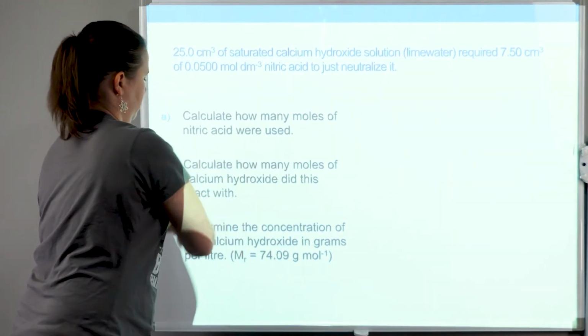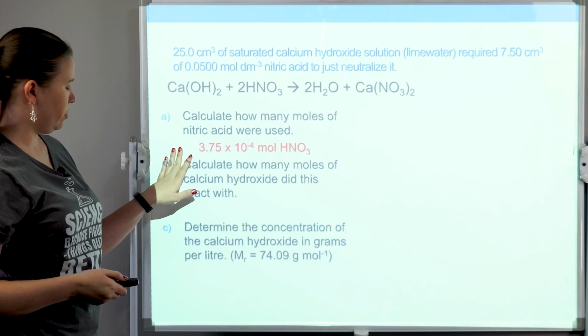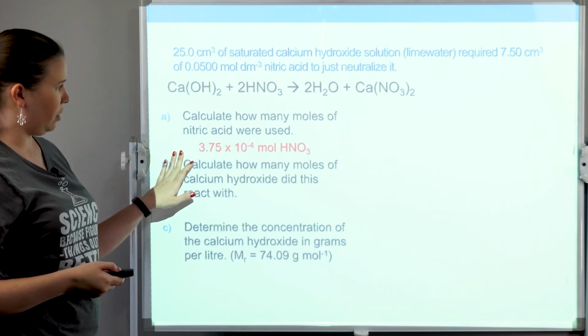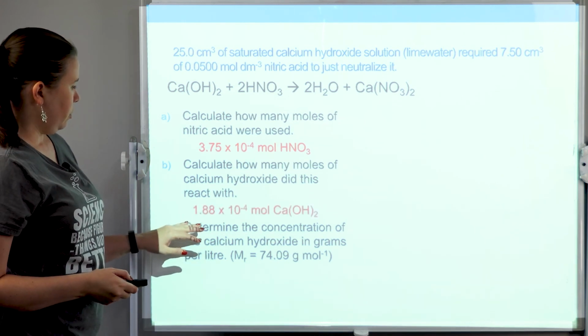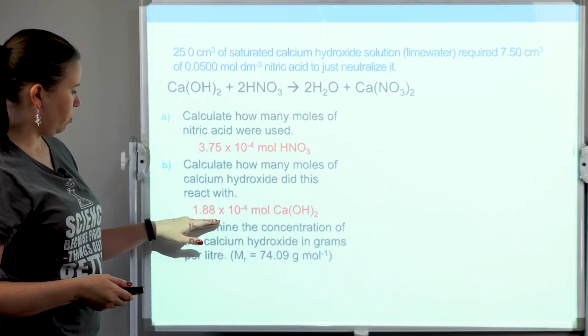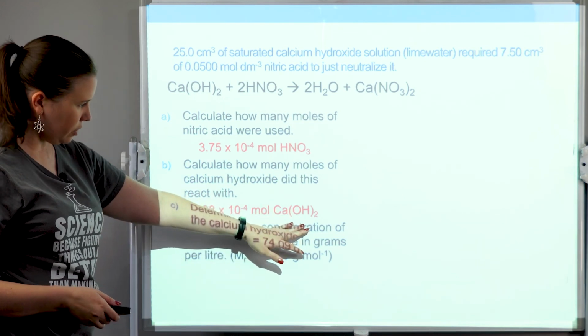All right, so we've got our balanced equation. Part A was 3.75 times 10 to the negative fourth moles of nitric acid. Watch that your units are complete. Then for the base moles, you got 1.88 times 10 to the negative fourth moles of calcium hydroxide.